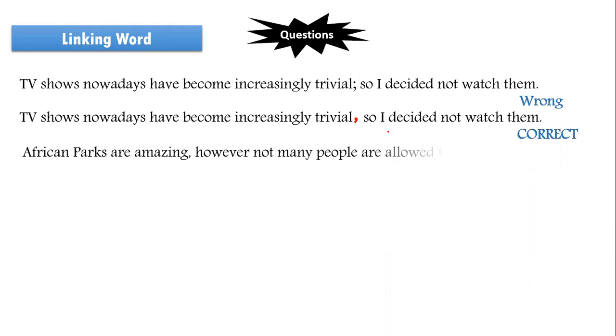How about this one? African parks are amazing. However, not many people are allowed to go there. Is this sentence correct? Yes, you're right. It's wrong. Very good, Yusuf, but there is also another thing missing.